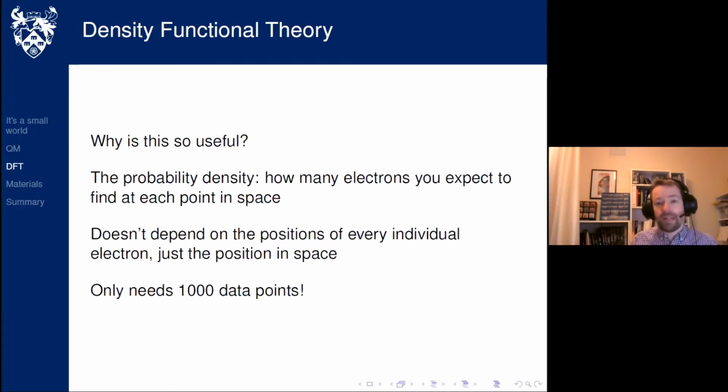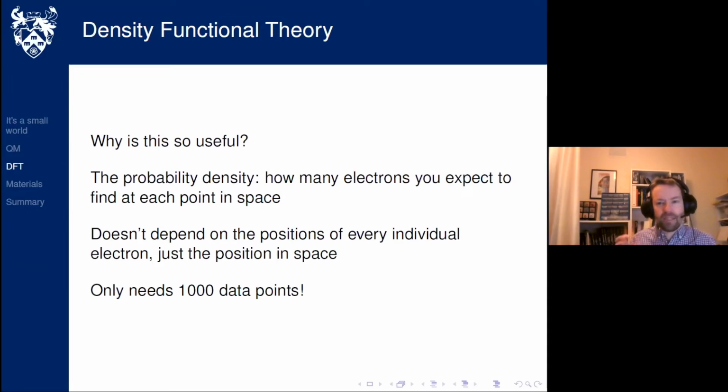And it tells you it for any point in space that you care to pick. And the important thing is, it's a point in space. I don't care where particle 1 is, particle 2 is, particle 3 is, particle 4 is. All I'm saying is, at this point here in space, what is the probability of finding an electron? In fact, what is the expected number of electrons that I might find there?